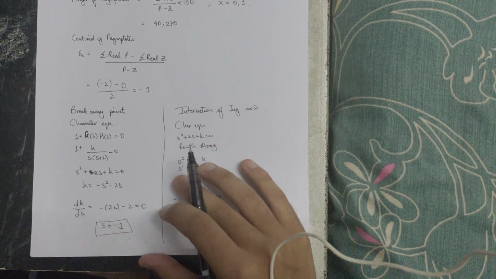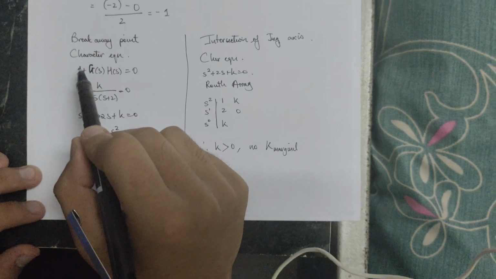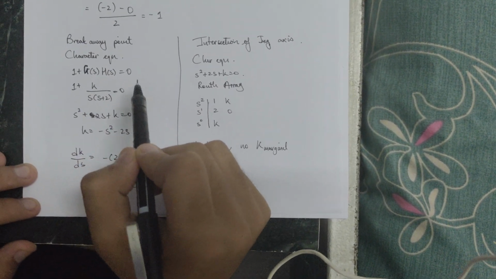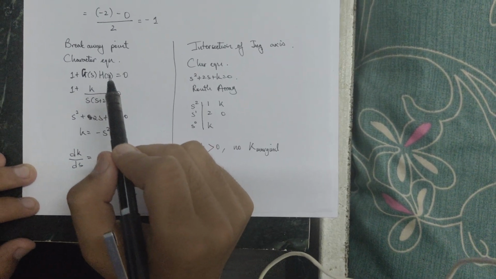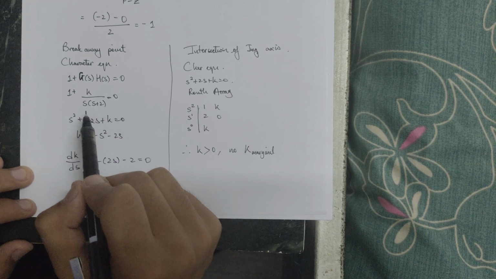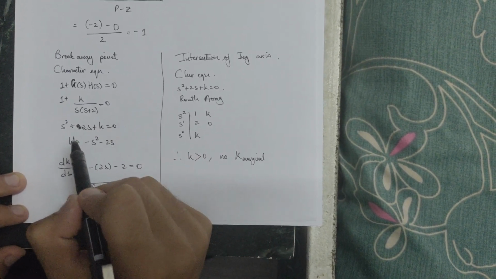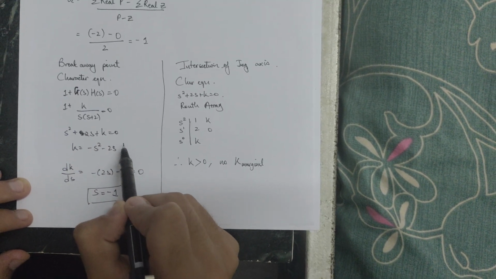Now to calculate the breakaway point, first we need to form the characteristic equation, that is 1 plus G(s) times H(s) equals 0. G(s) times H(s) is nothing but K by s times s plus 2. So 1 plus K by s times s plus 2 equals 0. Resolving the equation, we get s square plus 2s plus K equals 0.